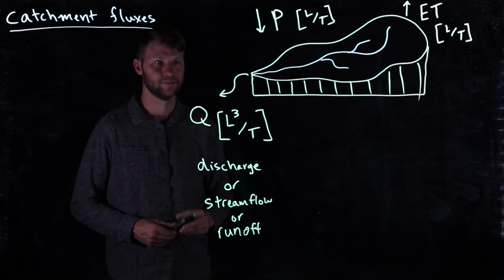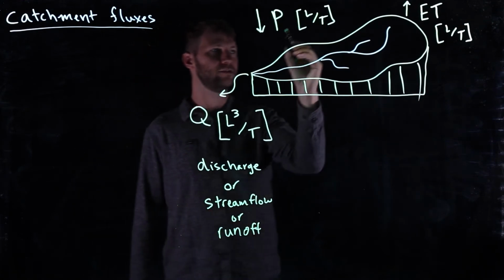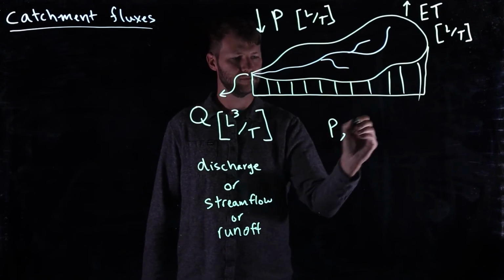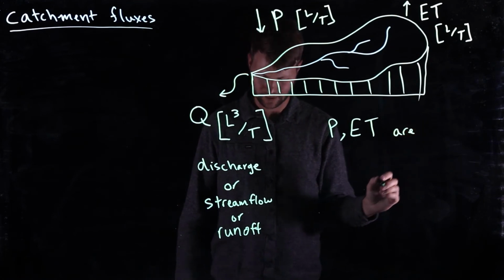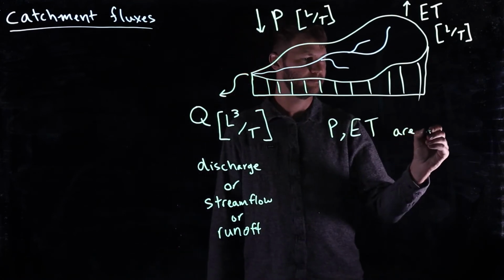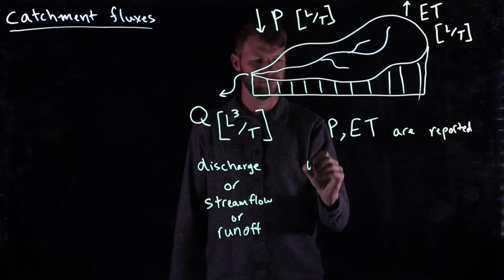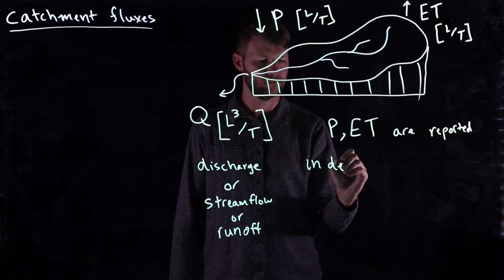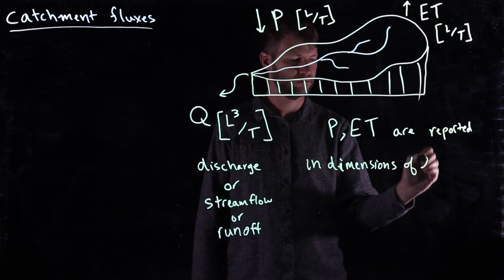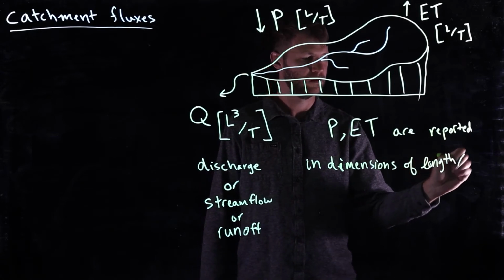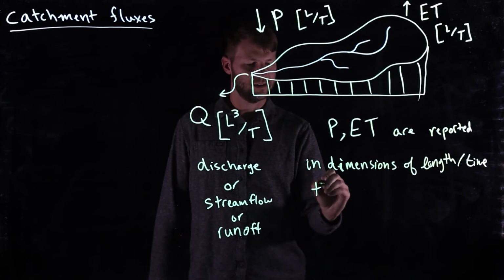So it's normalized. And there's a point that I want to stress, and that is that even though P and ET are commonly reported in dimensions of length per time, this is a flux, not a velocity.